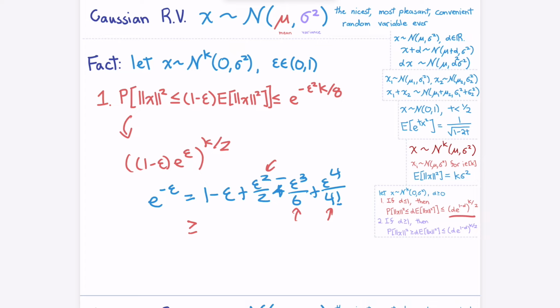So this is going to be greater than or equal to, say, 1 minus epsilon plus 3 epsilon squared over 4 or something like this. If I set this up a little bit differently, so if I instead did something like e to negative epsilon, let's do 1/4.